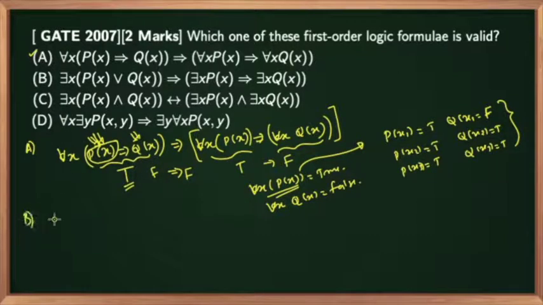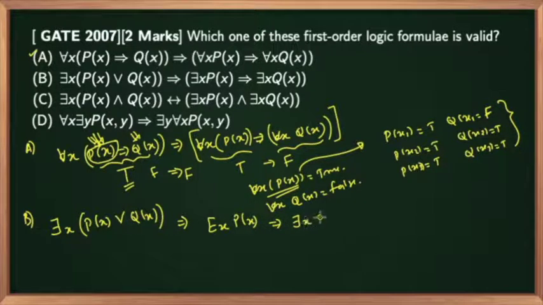It says there exists an x, P of x or Q of x, implies there exists an x P of x, implies there exists an x Q of x. Right, now if this is not a valid predicate, you should be able to prove that we have true implies false.